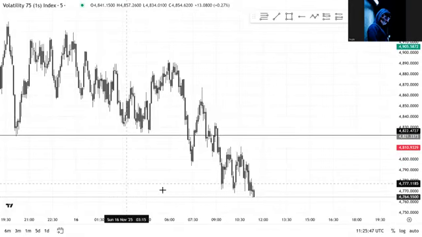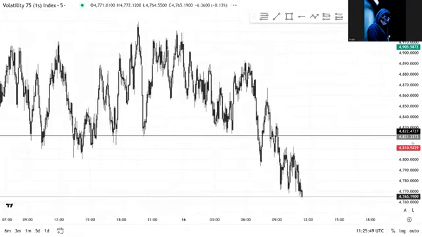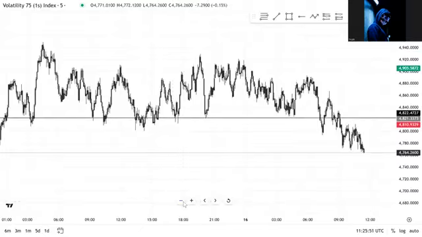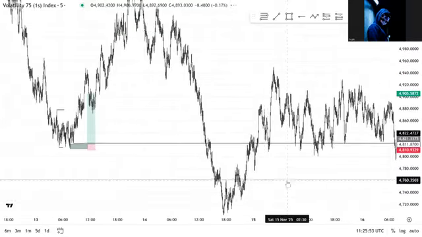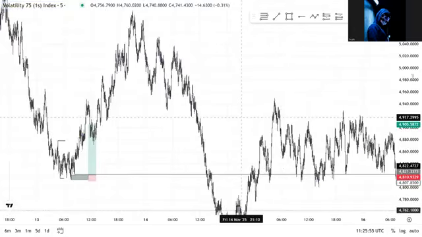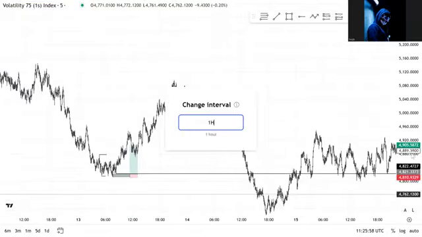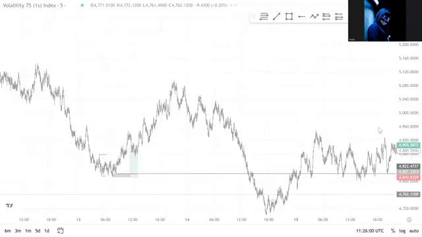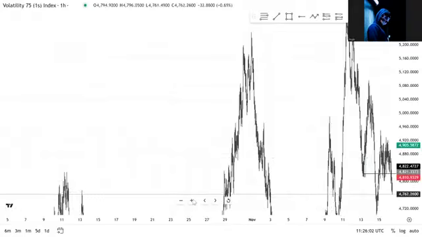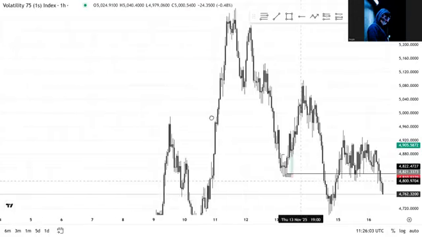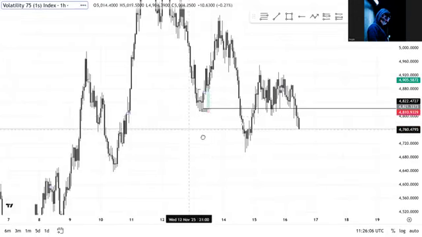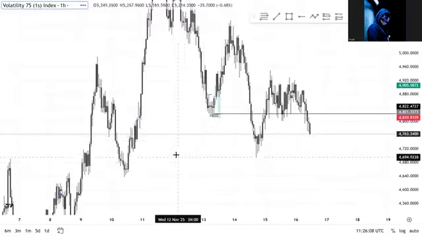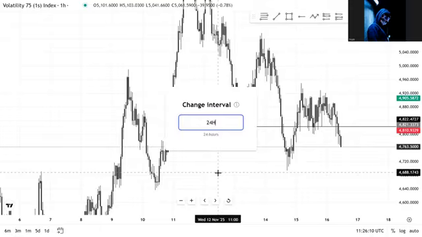Now on the V75s, on the 5 minutes time frame, you can obviously see that we are bearish, right? Even if you go down to the 1 hour time frame, a layman can see that this time we are bearish. Okay, so now let me go to the higher time frame first of all.